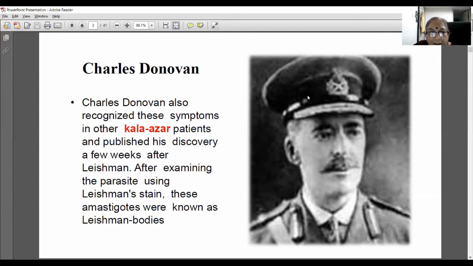He had been examining the parasite using Leishman stain, and he had observed the mastigote forms and named them Leishman bodies.